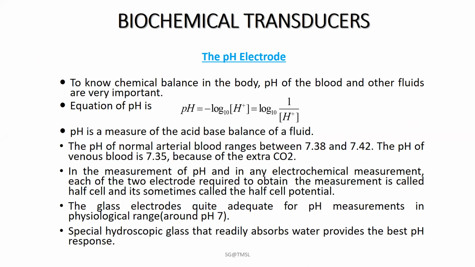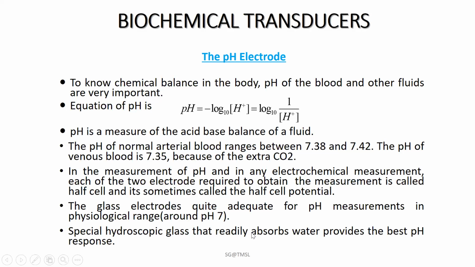Now coming to the pH electrode. The pH of blood and other fluids is a very important indicator of chemical balance, and the pH is directly related to the hydrogen ion concentration in the fluid, using this equation.